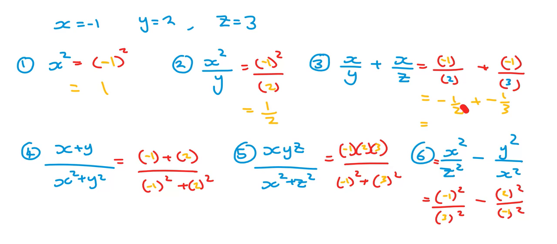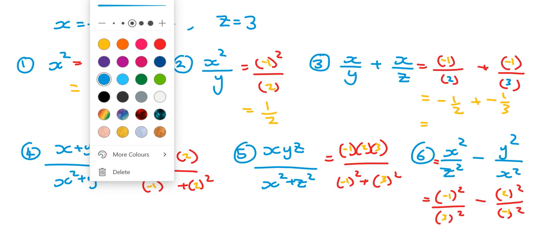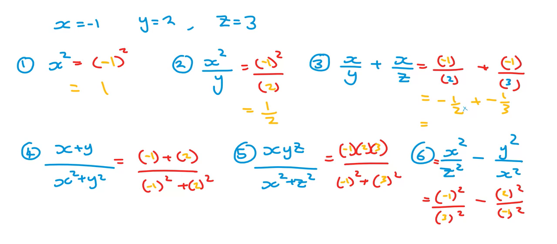Times 3 times 3 times 2 times 2. So that gives -3 over 6, -2 over 6, which is -5 over 6.